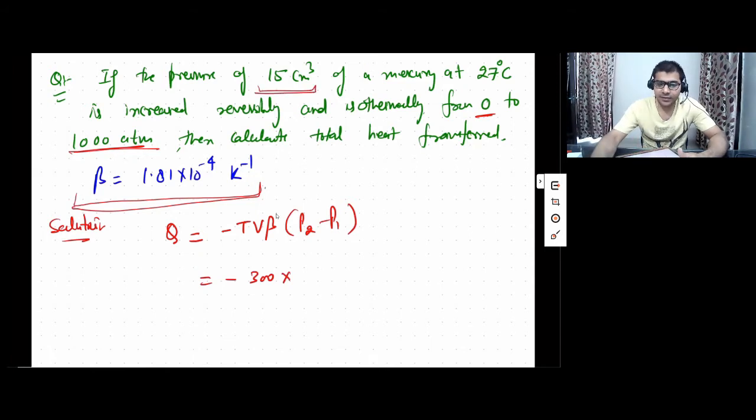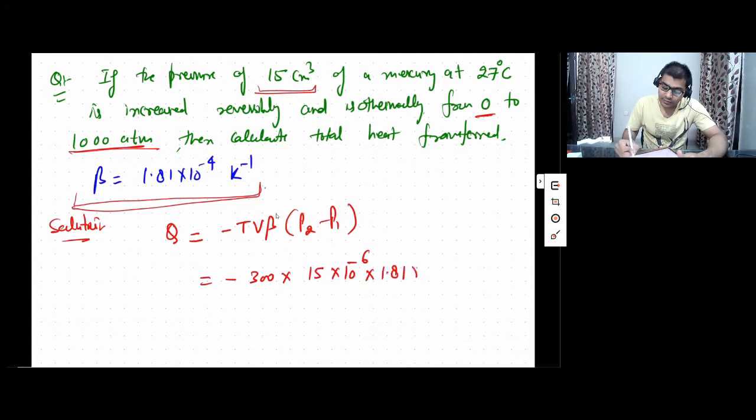So my volume becomes 15 times 10 to the power minus 6 cubic meters, and beta is 1.81 times 10 to the power minus 4. The pressure is 1000 atmospheric pressure, which I have to convert into Pascal because everything else is in SI units, which is equal to 1.014 times 10 to the power 5.